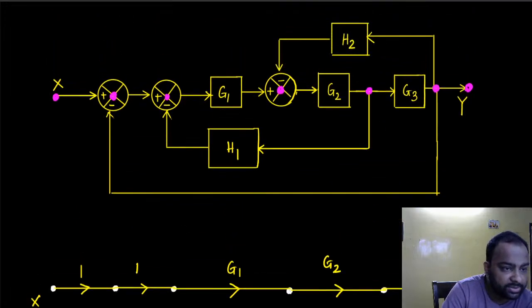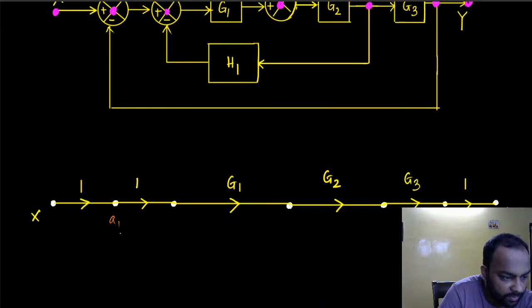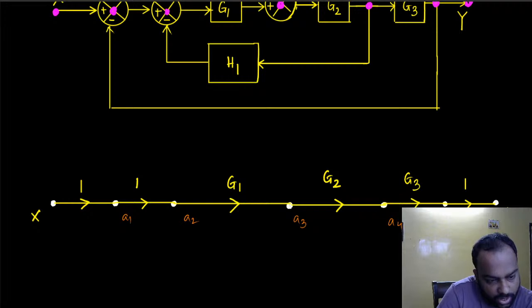Let's name these nodes A1, A2, A3, A4, A5.